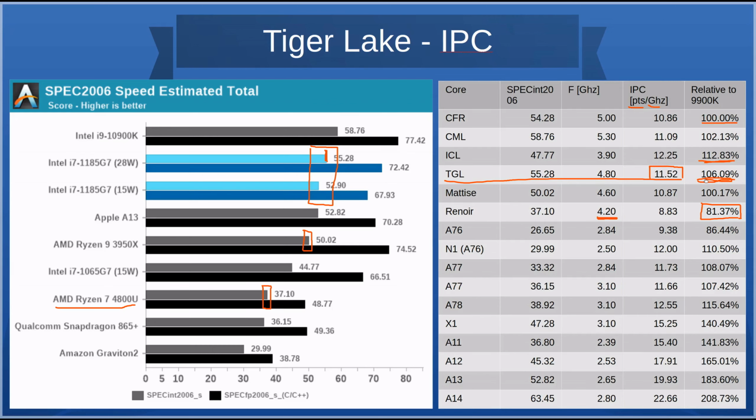Especially, let's compare it to Android smartphones. Look here at the Snapdragon. Snapdragon is running only 3.1 gigahertz. You can see here 3.1 gigahertz Snapdragon in the plus version 865.